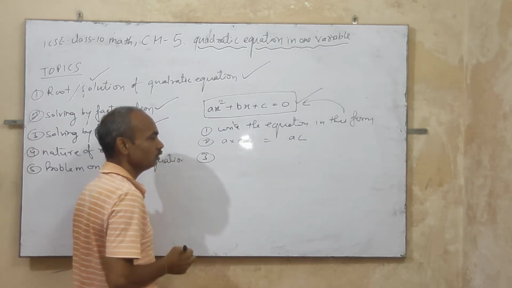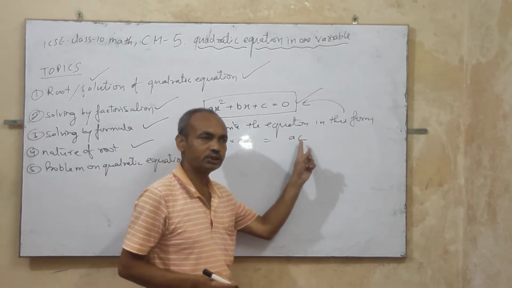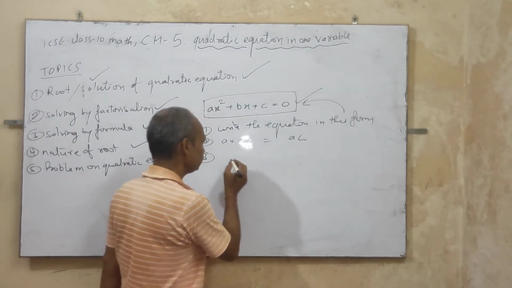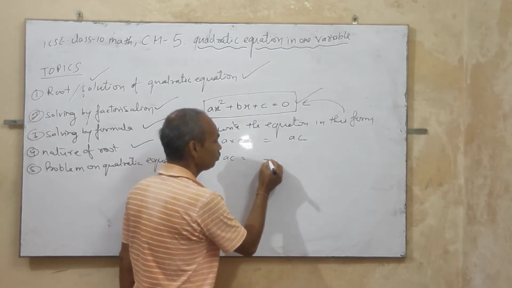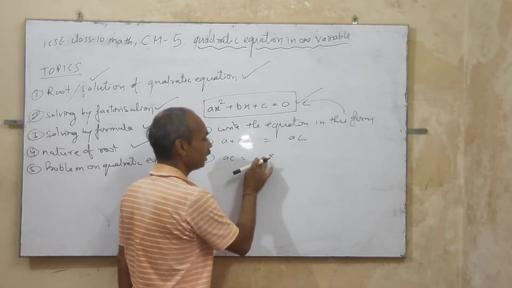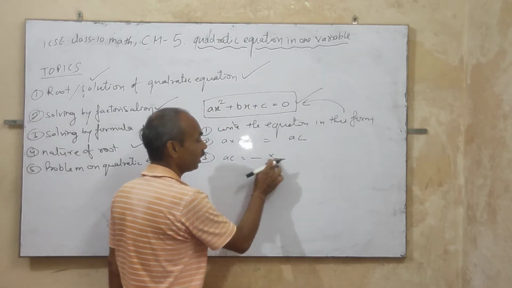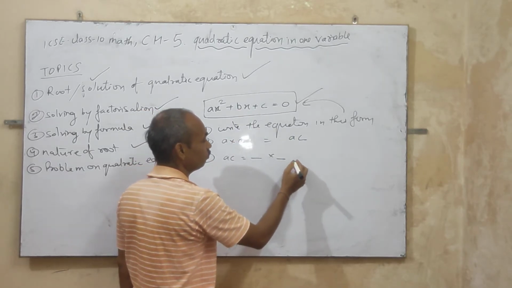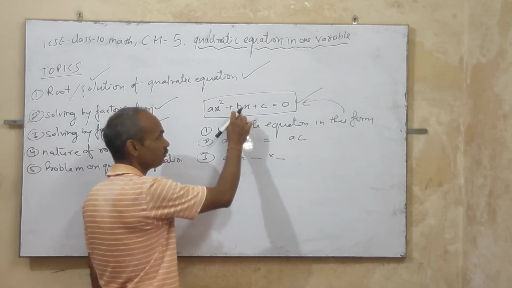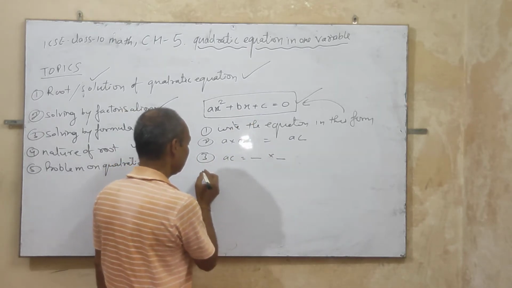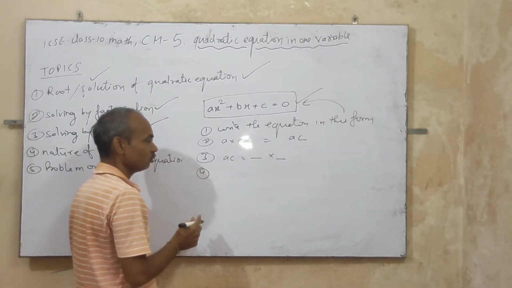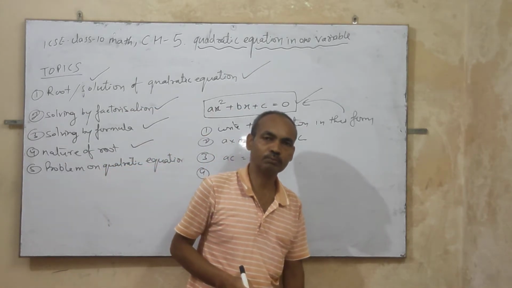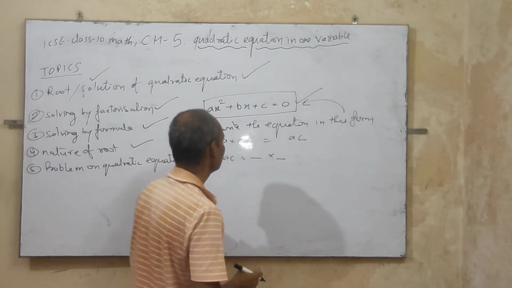The third point, split ac into two products such that the sum or difference of these two is equal to b. And the fourth point, grouping by taking the common factor, the HCF.